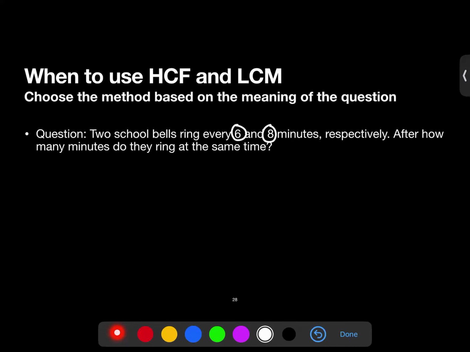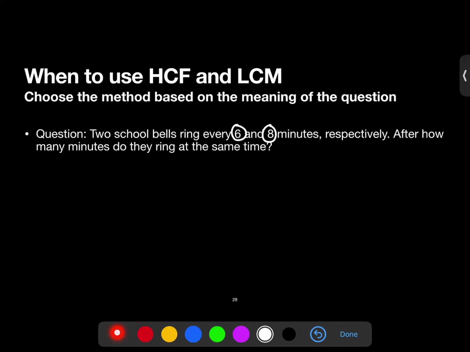We use LCM when events repeat and need to occur together. So remember the problem we just did, the bells are ringing and they need to ring at the same time.